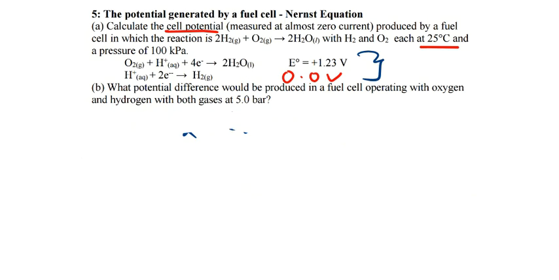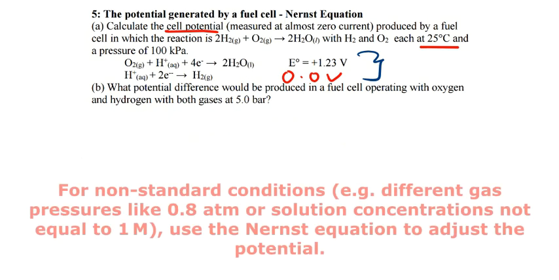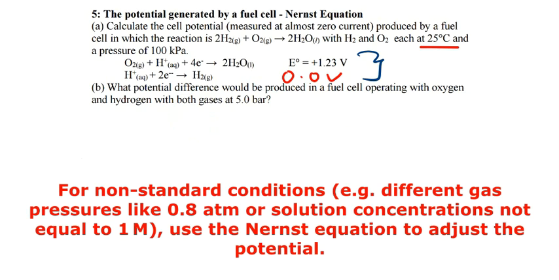Then for the other one, we are told: what potential difference would be produced in a fuel cell operating with oxygen and hydrogen with both gases at 5 bar? So if you are new to a fuel cell, actually you would want to watch my video on that.